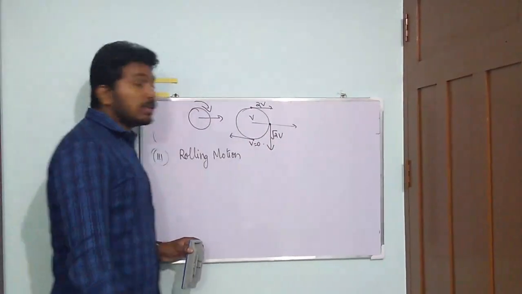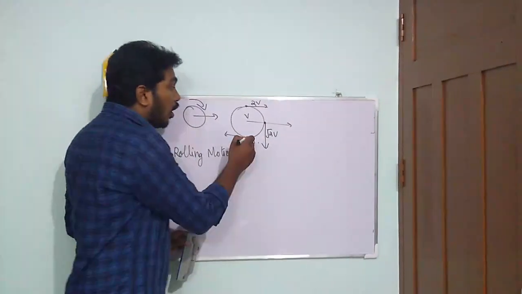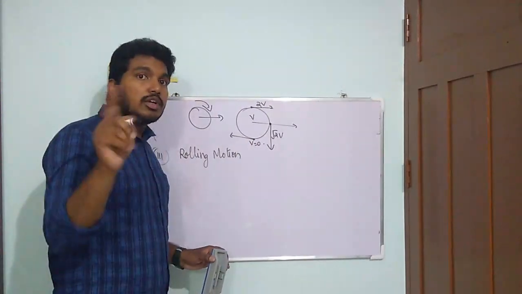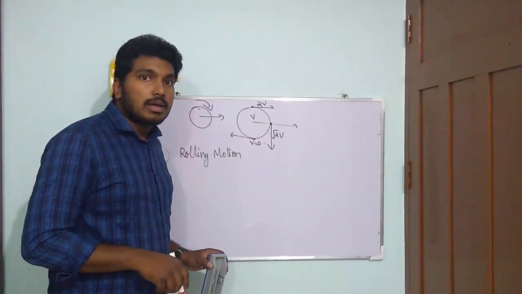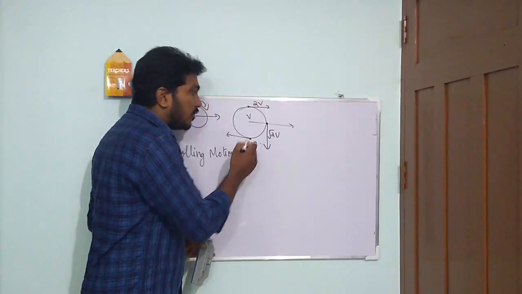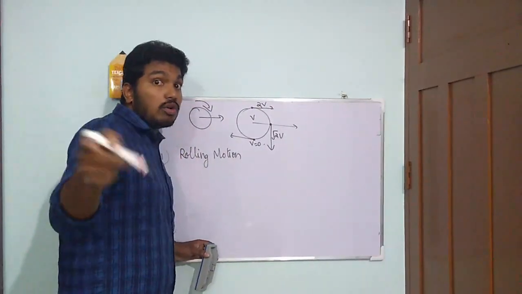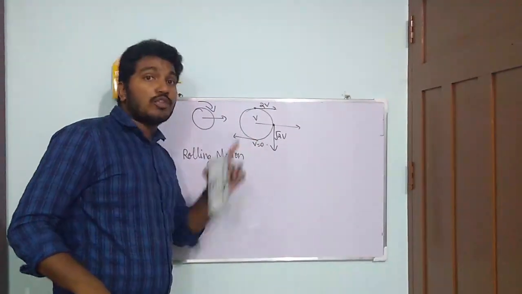The meaning of that statement is, at the point of contact, in case of rolling without slipping, there is no relative velocity, which means there is no relative motion at the point of contact.